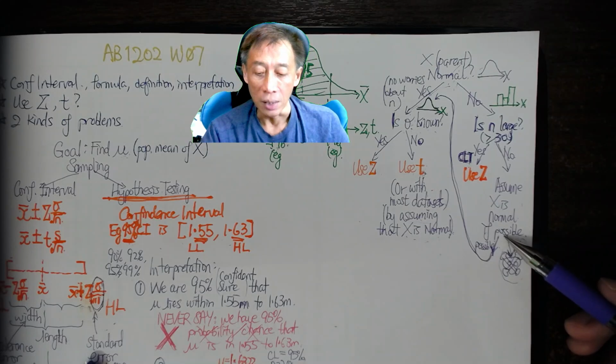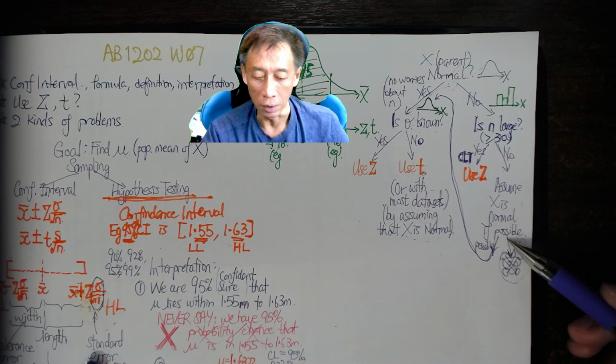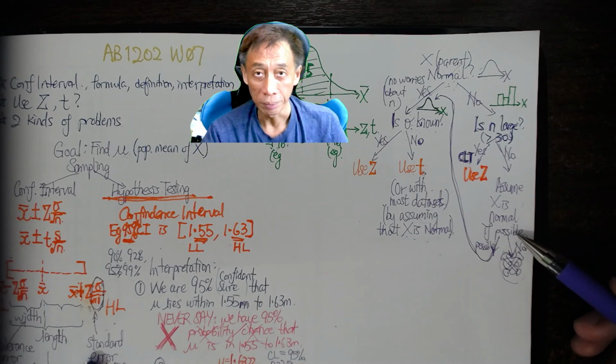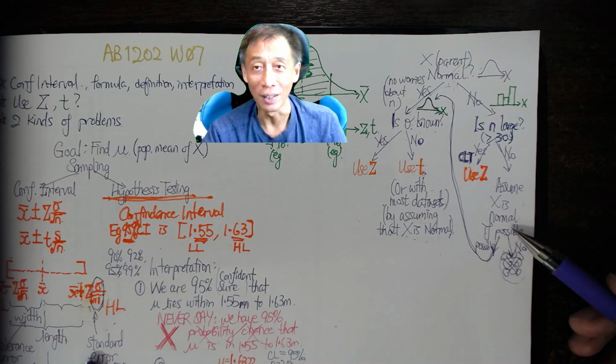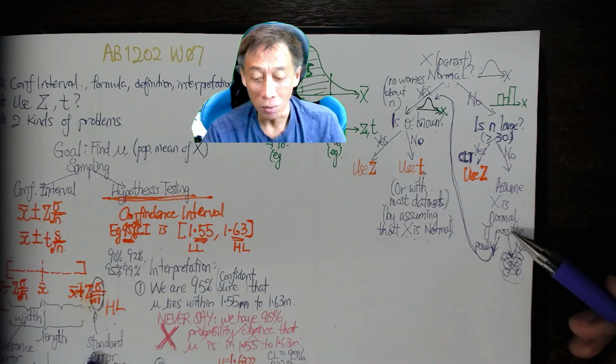Other than that, it is also sometimes possible that the question says, here's a data file of 20 measurements of heads and tails, and some are heads, some are tails, and that's all. So you know that it's a Bernoulli distribution.